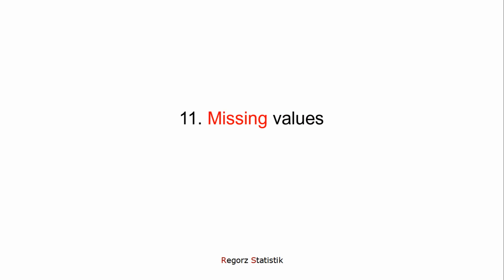Another important topic is missing values, because there are different ways to handle missing values. In most programs, the default option is case-wise deletion, so throwing out all the information of participants who have missing values on at least one variable.